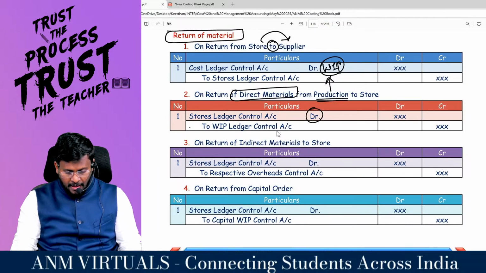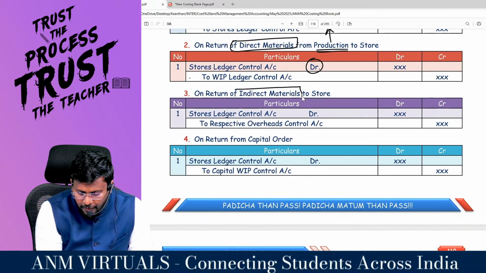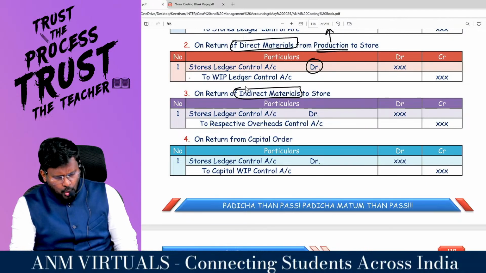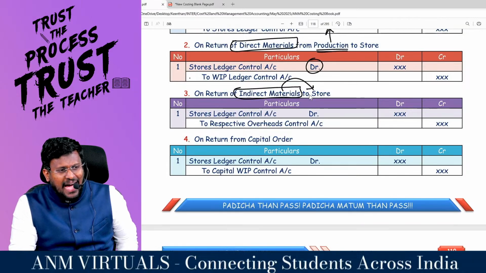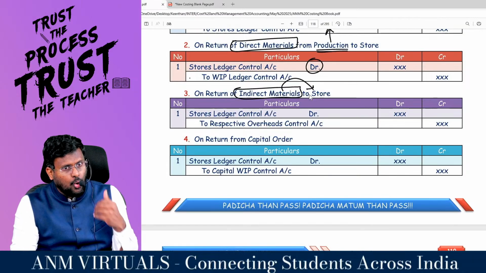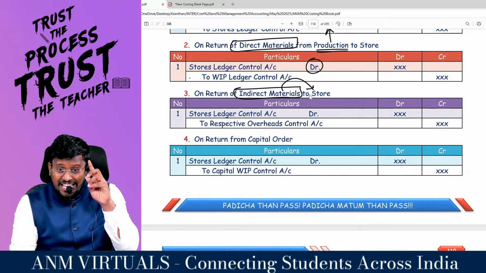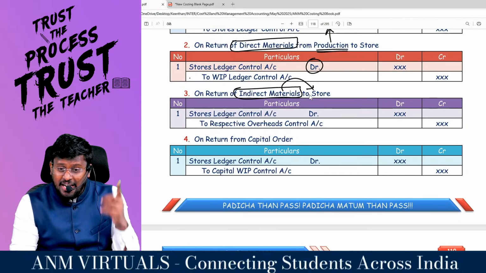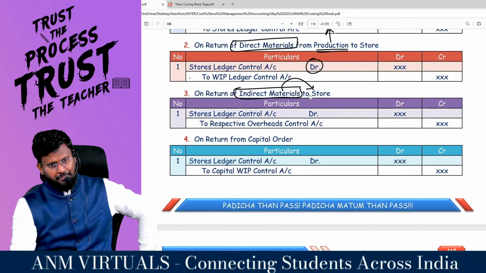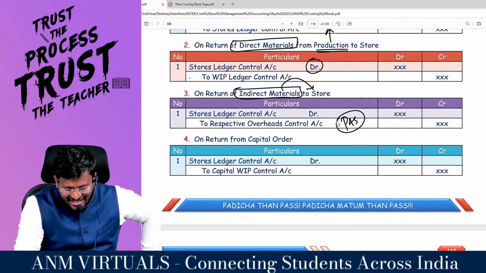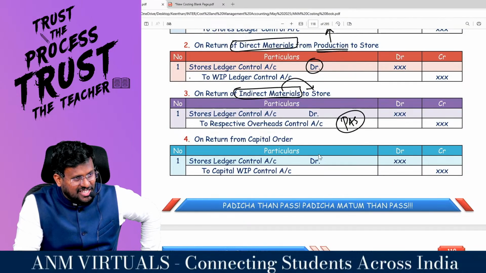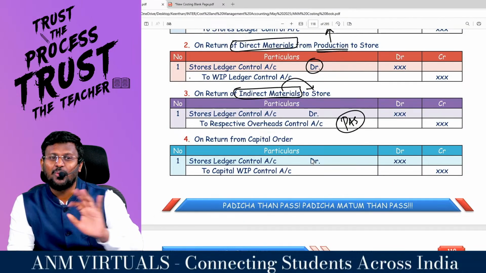On return of what material? To stores, my dear lovable students, automatically the balance available in the stores and the respective overhead account cost decreases. What is the respective overhead? Look at the laziness. Instead of writing individual credit ledger, they have written respective overhead control account.